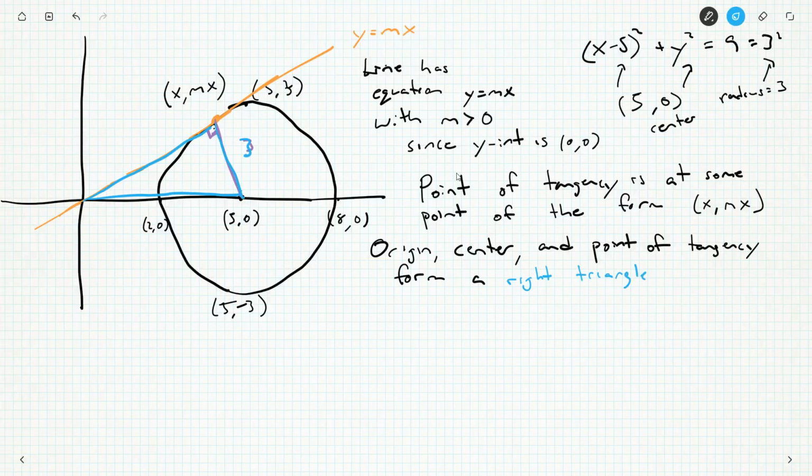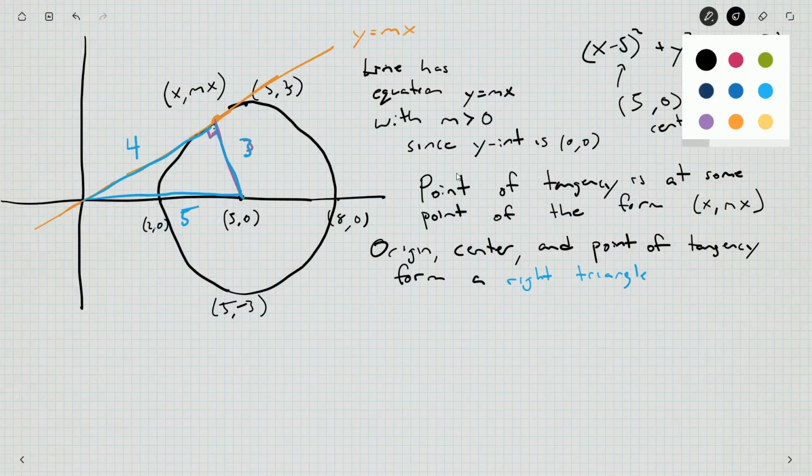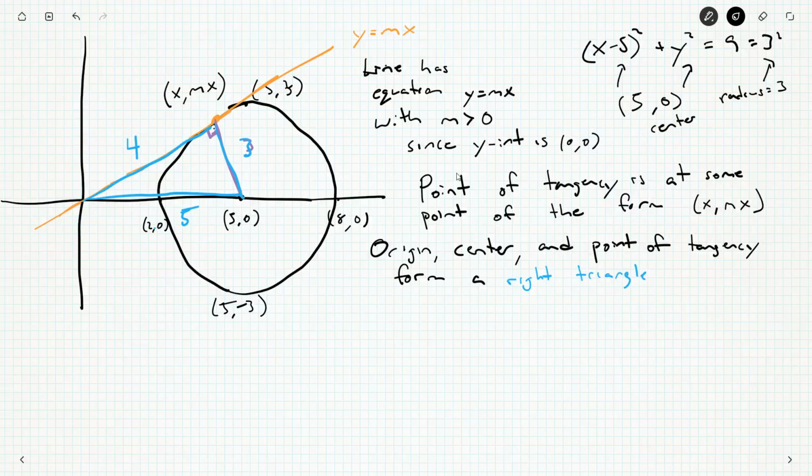We've got 3 on the one side, 5 on the other, distance from the center to the origin. This is a 3, 4, 5 triangle. Not bad. Okay. So we might specifically say a 3, 4, 5 triangle.